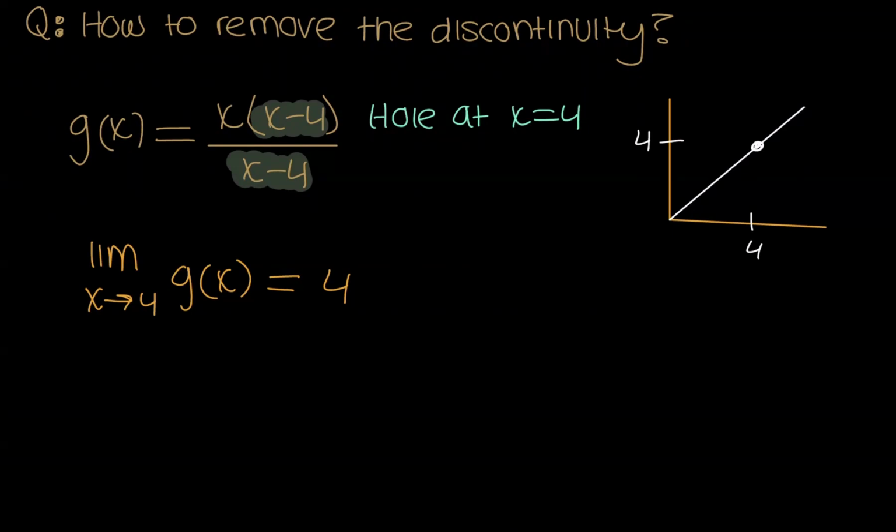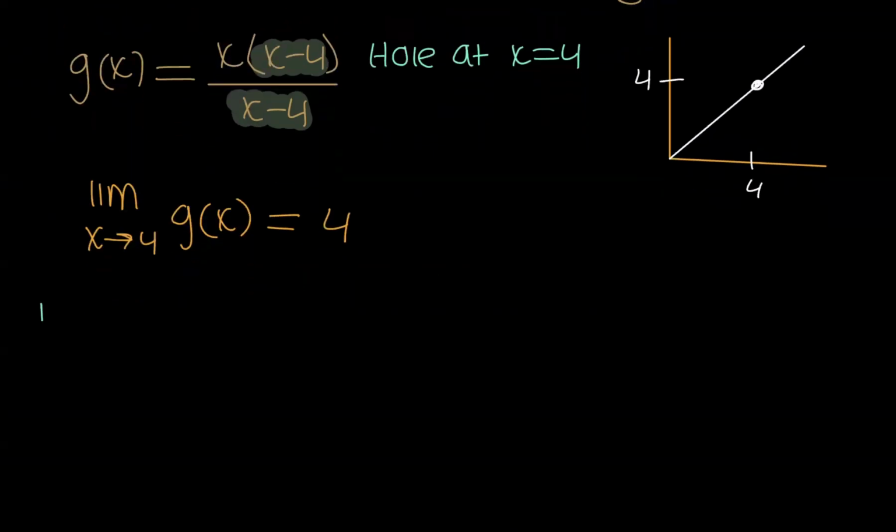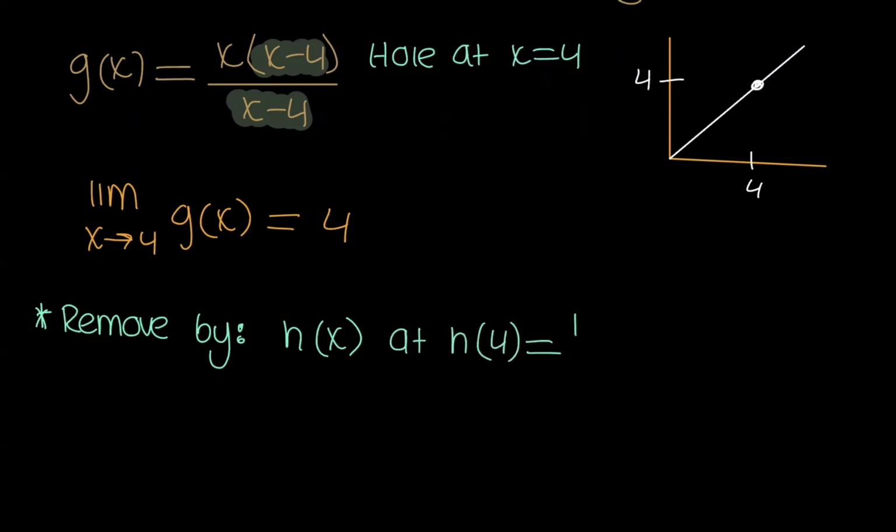So for our new function, the way you can remove this discontinuity is simply by saying my new function, let's call it h of x. At h of 4, I'm just going to use the limit as x approaches 4 of g of x, which will give me the value.